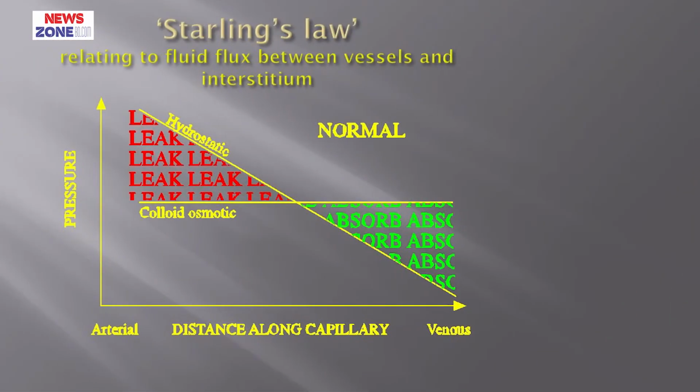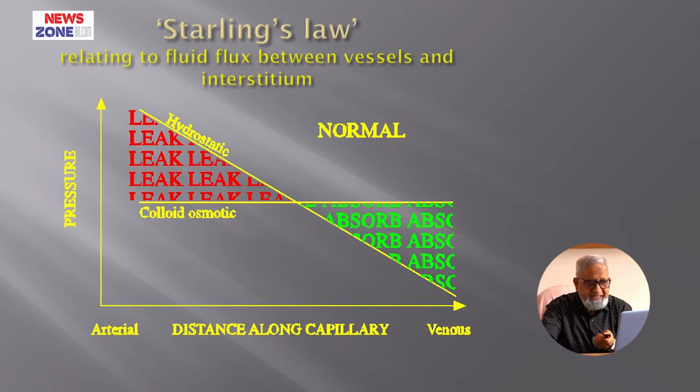First we see the normal things in the graph. You see this is a capillary bed, this is the arterial end, and here is the venous end. In the normal case, the capillary hydrostatic pressure at the arterial end of the capillary is about 32 millimeters of mercury, but at the venous end it is about 12 millimeters of mercury.